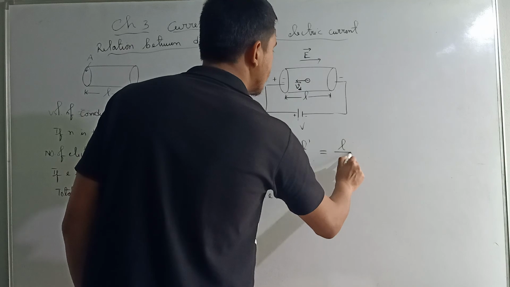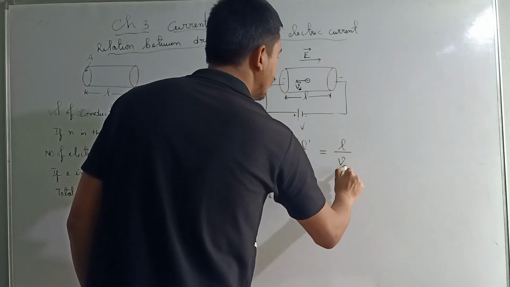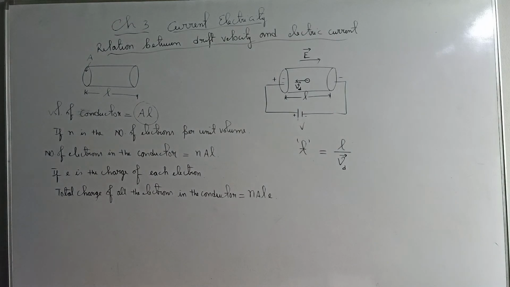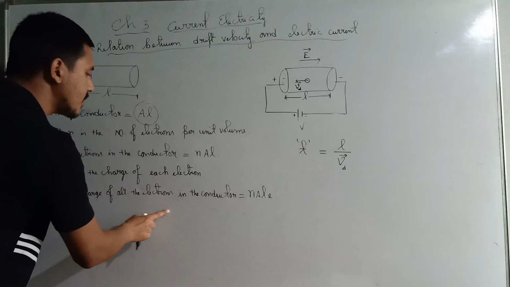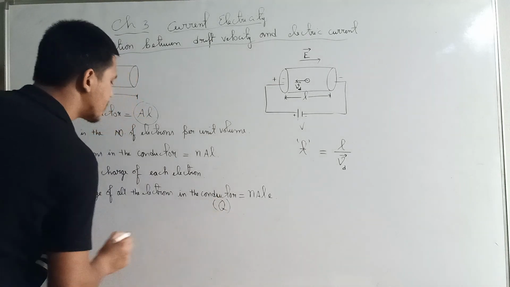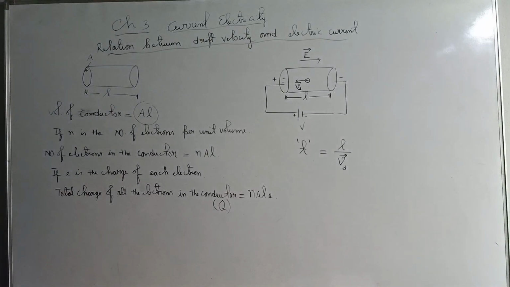So L is the displacement, Vd is your velocity. Time is given by displacement upon velocity. Here the total charge of all the electrons in the conductor, let me denote by Q.